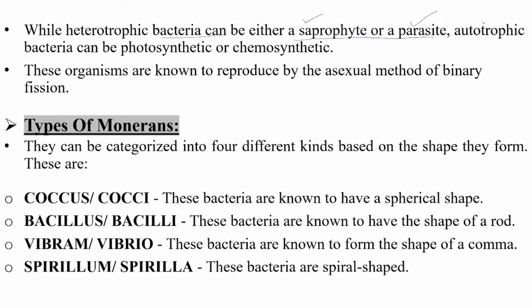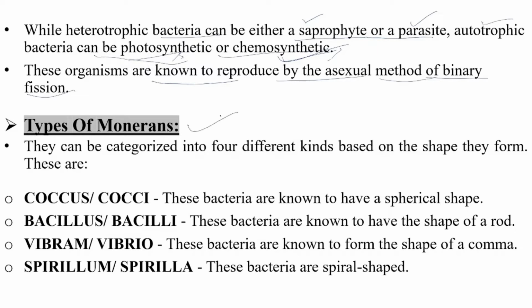Then comes autotrophic bacteria. They can be photosynthetic or chemosynthetic. Photosynthetic means preparing their own food in the presence of sunlight. And what is chemosynthetic? Making their food by some chemical reactions. That is chemosynthetic. These organisms are known to reproduce by the asexual method of binary fission.